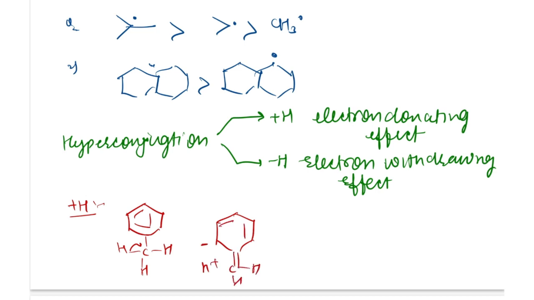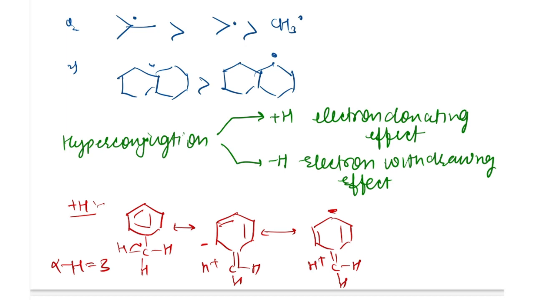It will form a negative charge over here also, double bond C, H, H, and here we have H plus. So it could donate the negative charge by 3 hydrogens. So here alpha H are 3, donated by 3 hydrogens. So this is known as the no bond resonance or sigma pi resonance.